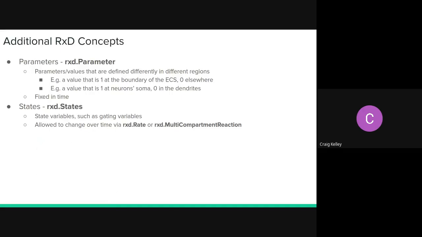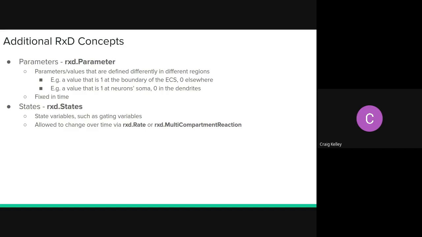Okay. There are a couple other RxD concepts that don't quite fit into the who, where, and what framework. So you could have parameters. So these are values that are defined differently in different regions, and they're fixed in time.